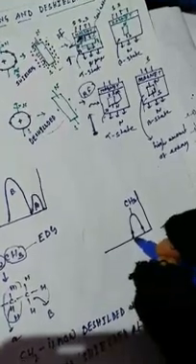This peak is for which molecule? For the shielded molecule. This lower peak is CH3, and this peak is for the CH2 molecule.